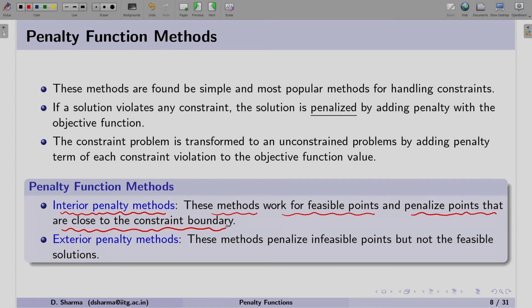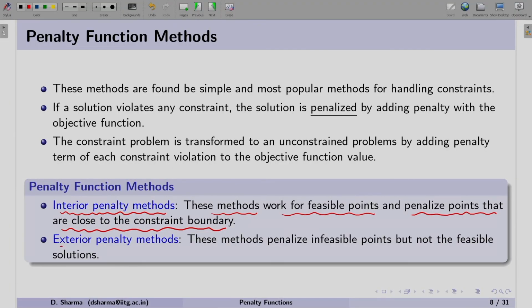What this suggests is that if the solution is feasible, then only we can use the interior penalty method, and when all solutions are feasible, then we will be penalizing the solutions which are close to the boundary. So here the optimum solution will be somewhere inside the feasible search space, and accordingly these methods work.